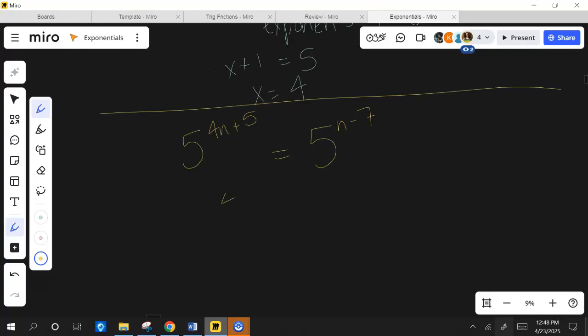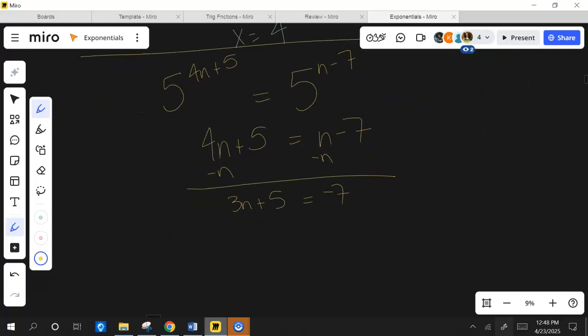Okay, yes, you set them equal to each other. Let me see. Move the n. Thank you, Sawyer. You see how even if you were being funny, it still made her smile.